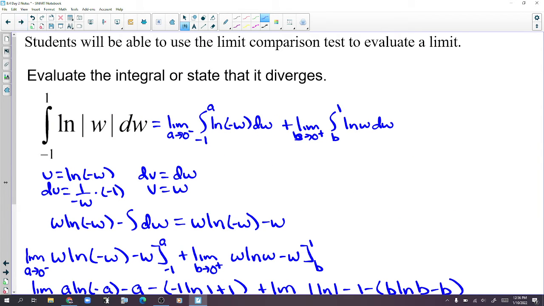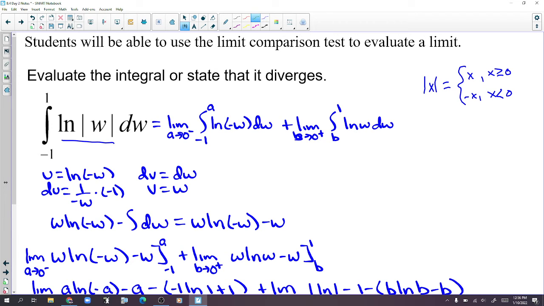Evaluate the integral and state that it diverges. Here we have the natural log of w. And in order to do this one, we look at the definition of absolute value: it stays the same for x greater than or equal to 0, and we do opposite of x for x less than 0.